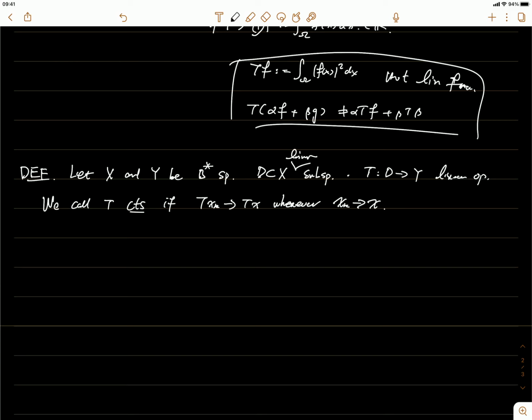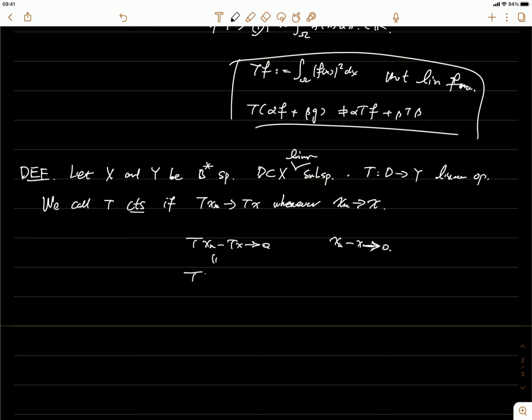But if T is linear, we actually can make this much simpler, because if it's linear, then we can basically shift everything to 0. For example, instead of xk goes to x, I can just say that xk minus x goes to 0. It's the same thing. Then on the other side, we'll just have T of xk minus T of x goes to 0.